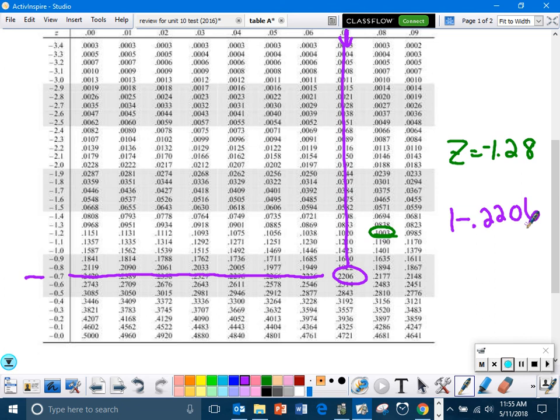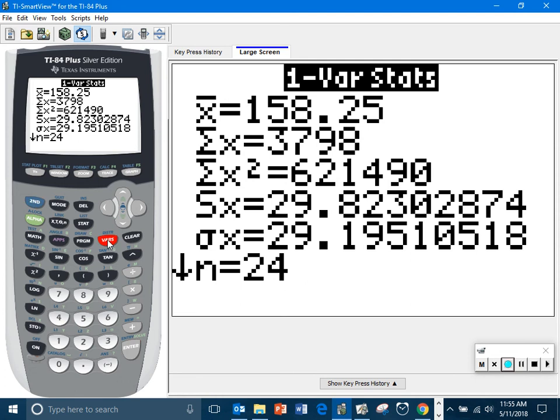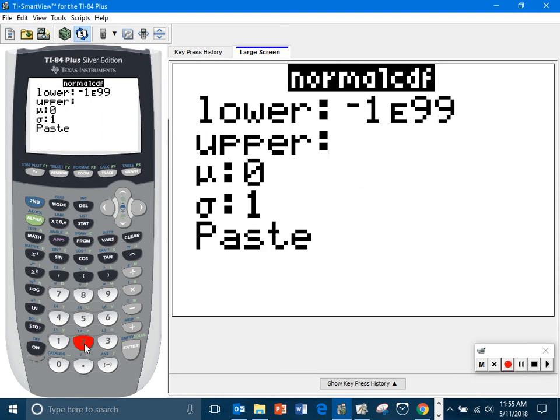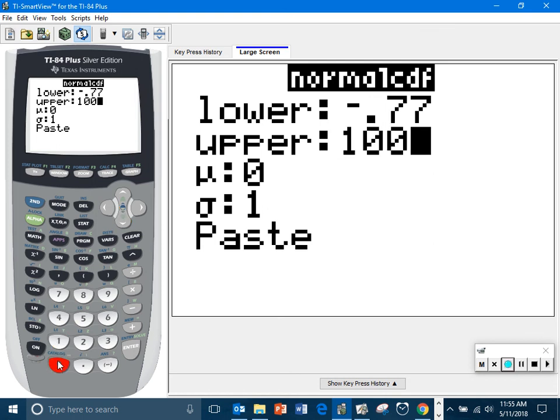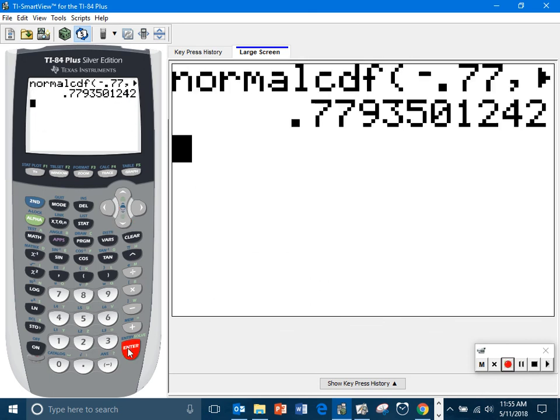Okay, now I'm going to go use the calculator. So on the calculator, I'm going to use my normal CDF. So second vars, number 2. Okay, so my lower bound is the negative 0.77. My upper bound is the 100. Hit enter and you should get 0.7794.